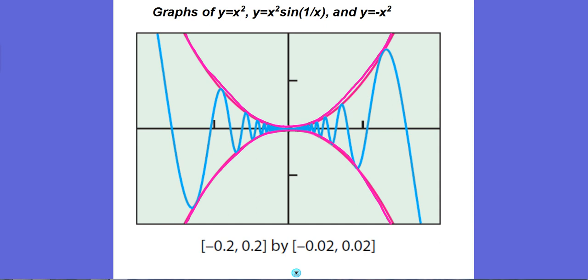And if we draw the graph of y equals x squared sine 1 over x, we'll see that it is always between x squared and negative x squared. And because the functions are squeezed at this point, the value of their limits should be the same. Remember, if you have to draw these graphs on your calculator, use the correct viewing rectangle. Otherwise, you will not see the function as it is.